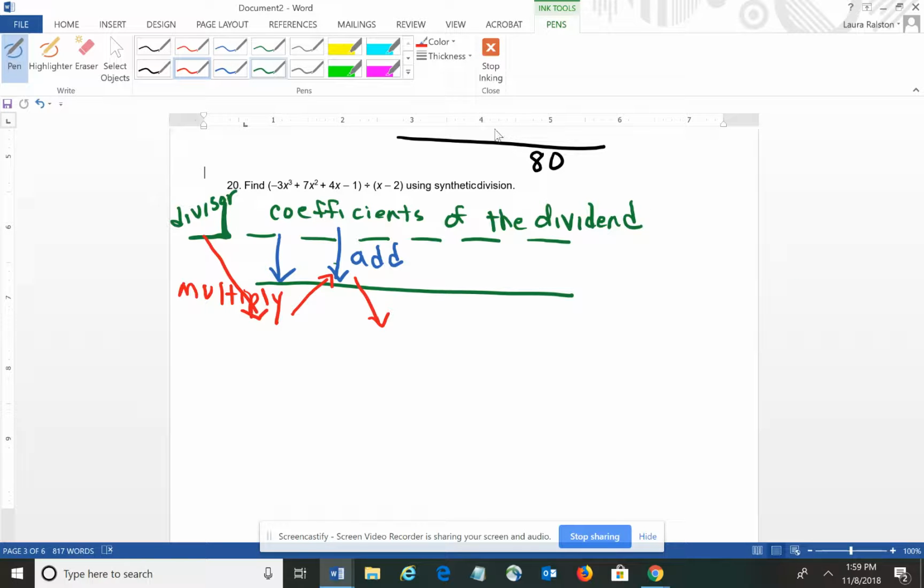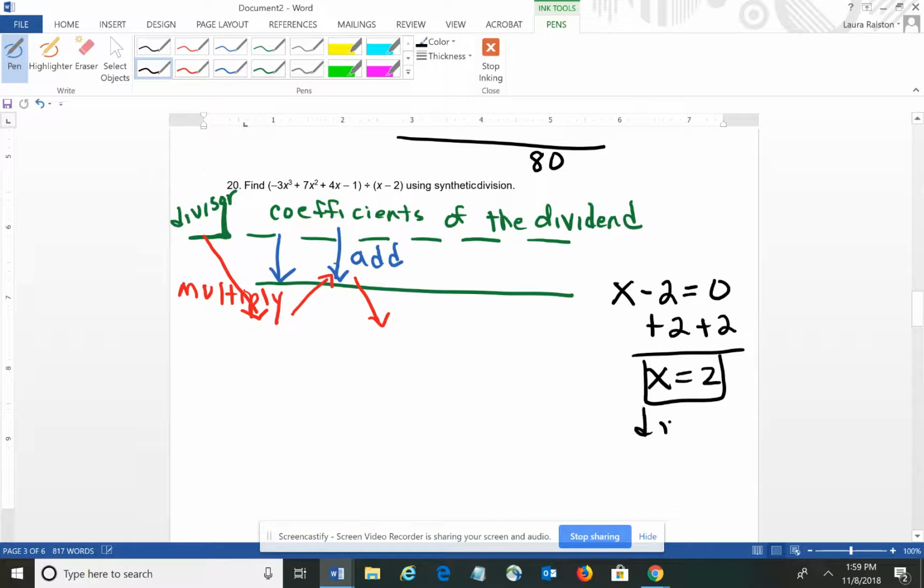If I'm working this particular problem, my divisor is x minus 2. I'm going to set that equal to 0 and solve for x. So x equals 2 is going to be my divisor, which goes in the box. In my dividend, I have negative 3x cubed, positive 7x squared, positive 4, minus 1. I'm able to eliminate the x's, and I can deal with just the numbers.